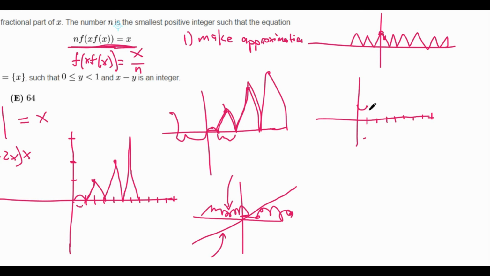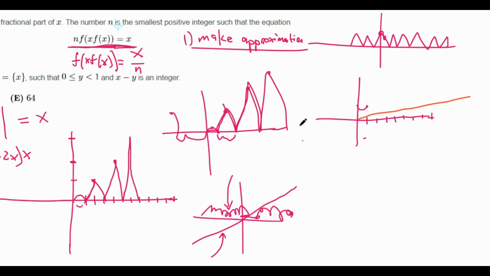And thankfully, this weird beginning part won't actually matter because our line will look like this, so it won't actually intersect this beginning part. And that's fortunate for us because the rest of the graph will actually be quite easy to visualize, again using the same approximation idea.